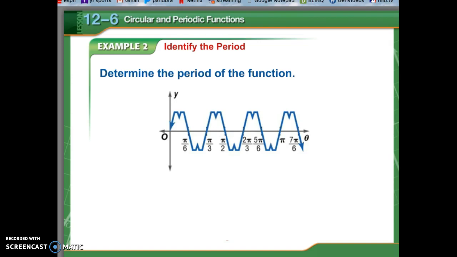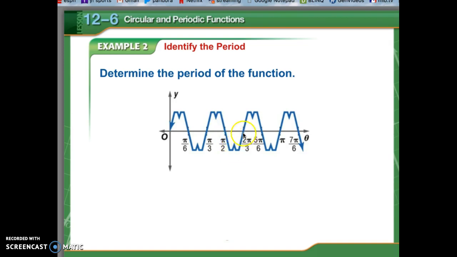So if you follow along the graph, you can see we start at the origin. We go up, stay even, we drop down, come up, stay even, drop down, and then the next time that we get back to the origin is at pi over 3. And if we start from pi over 3, you can see that we're following the same pattern that we did at the beginning of the graph.